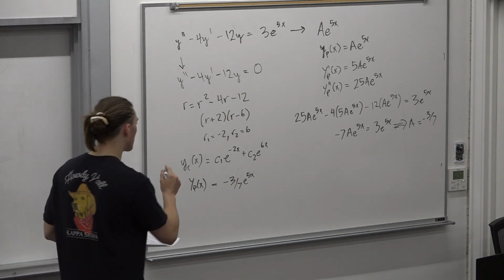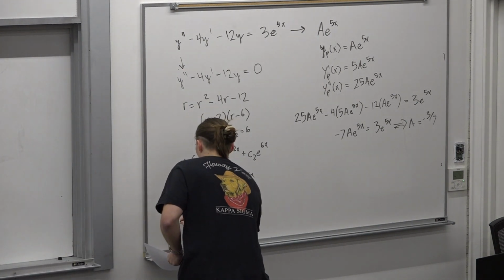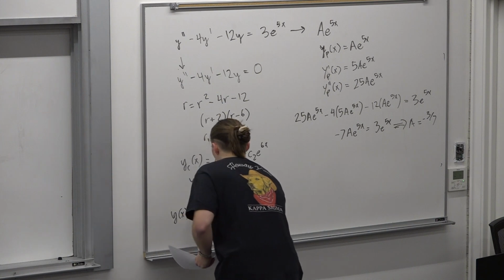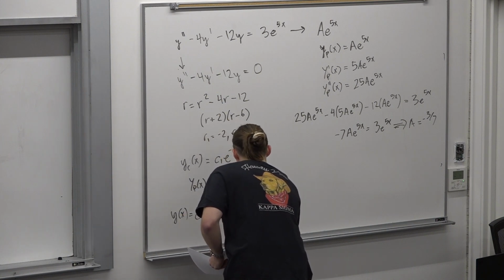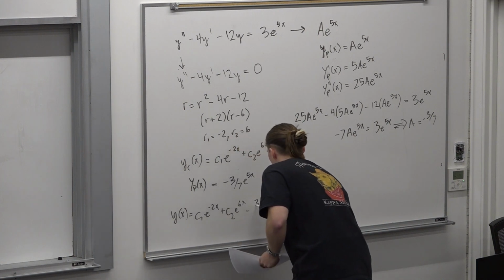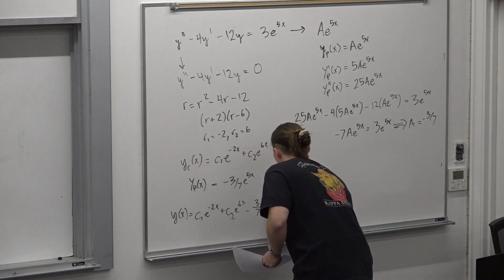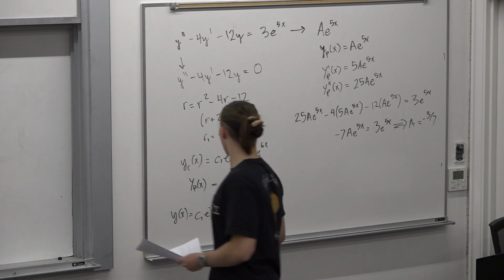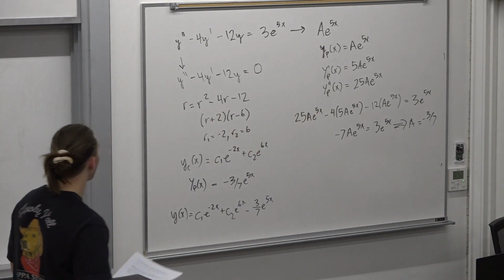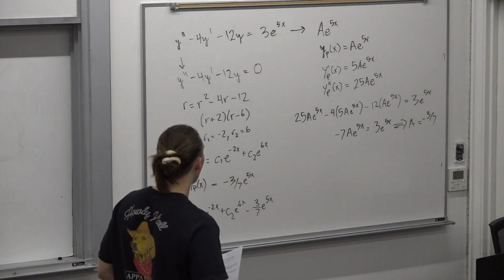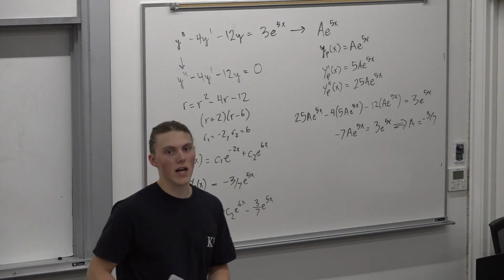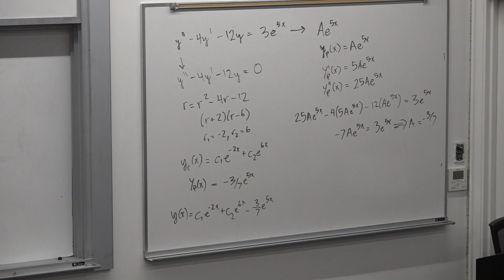What we do is just add them together and we have our general solution. There we have it. That's how we use undetermined coefficients. But there are a lot of caveats that we have to go over first.